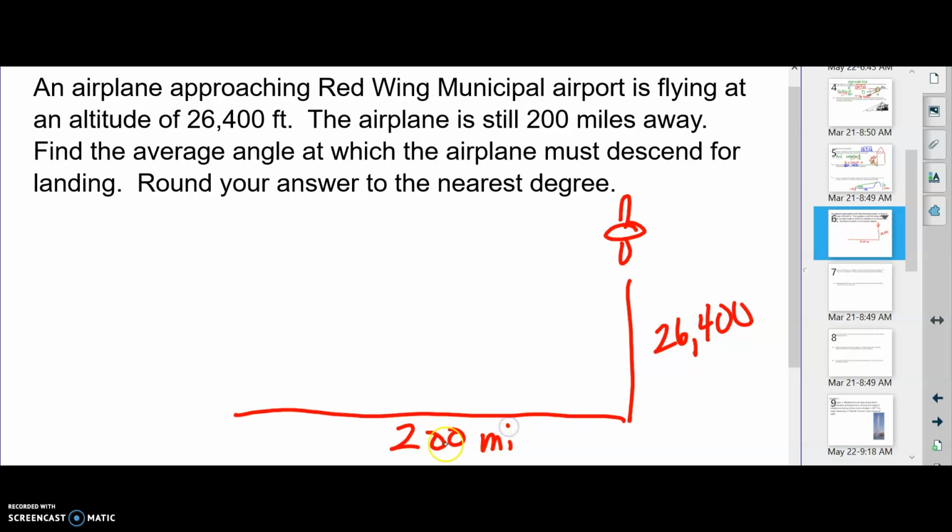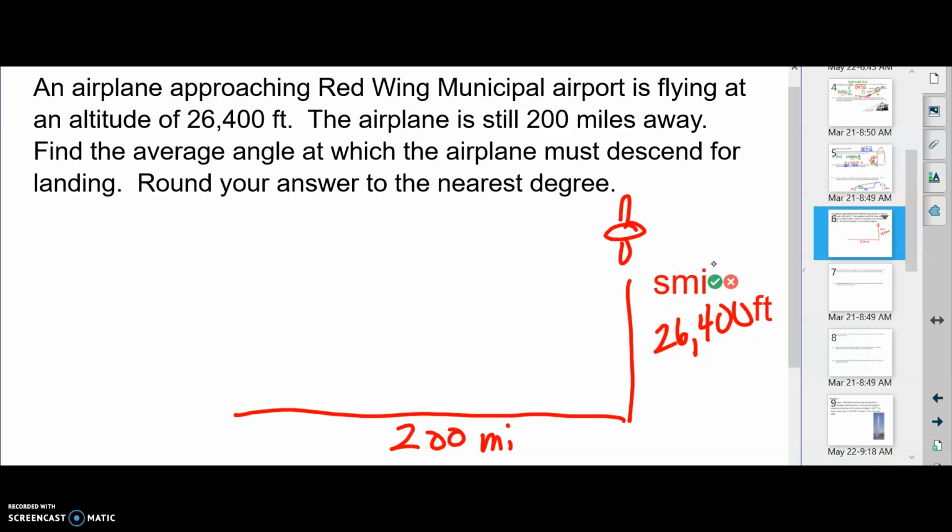Now notice this is in miles, this is in feet. We can't solve if they're in two different units. On the homework, I helped you out and told you how many miles this was. 26,400 feet, there are 5,280 feet in a mile, so this would be 5 miles.